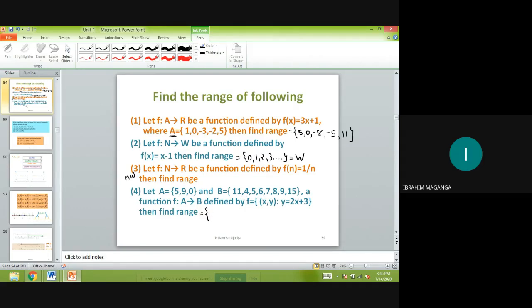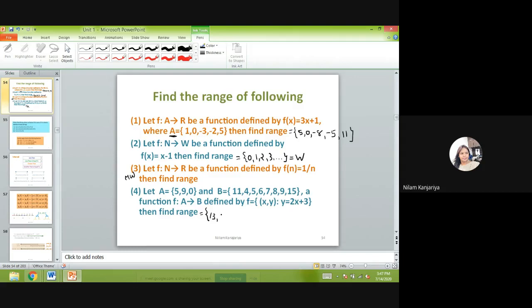Finish. What is the range? The range of g. The first one, what was the element? 1, 3.